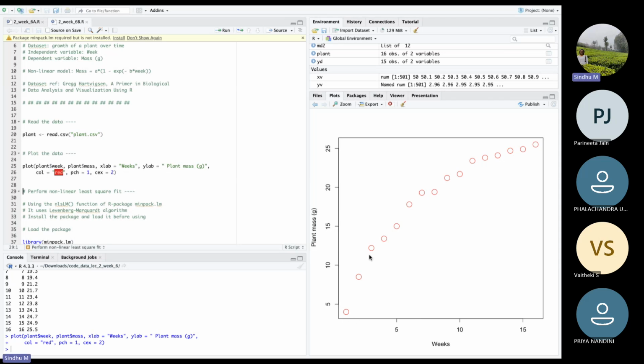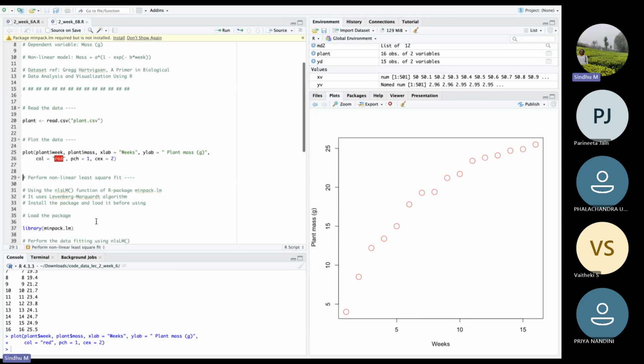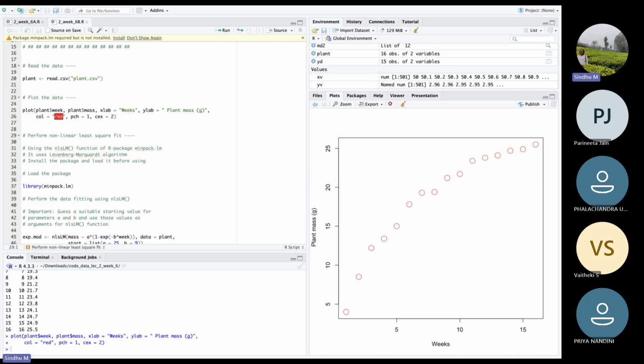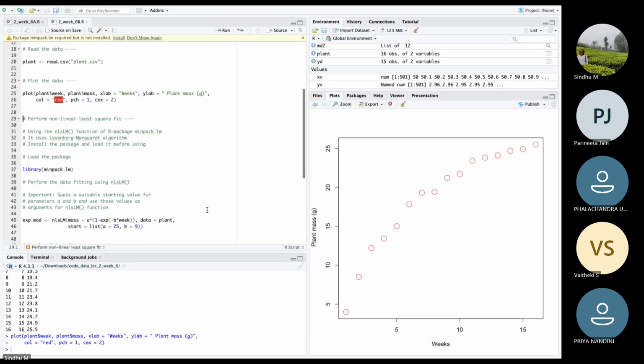So you see this kind of a trend. It looks like an exponential to me, but let's see what we can use. So we have to perform a nonlinear least square fit. To do a nonlinear least square fit, which we also mentioned in the MCQ, we have to use the NLSLM function.